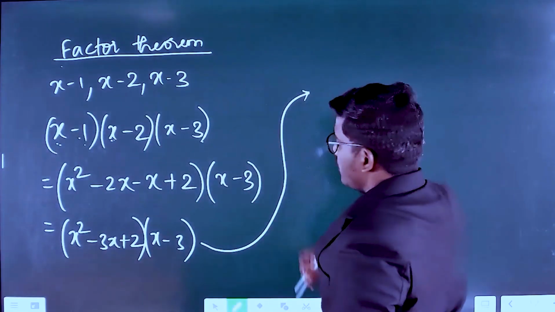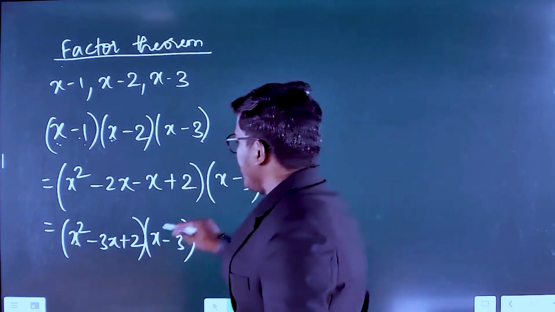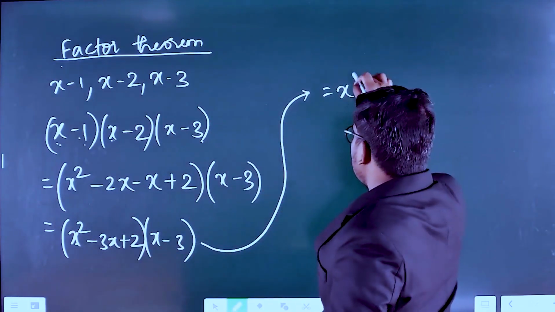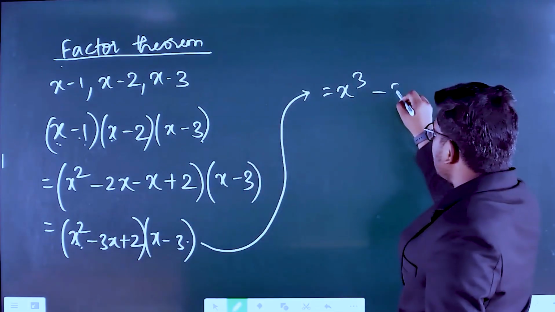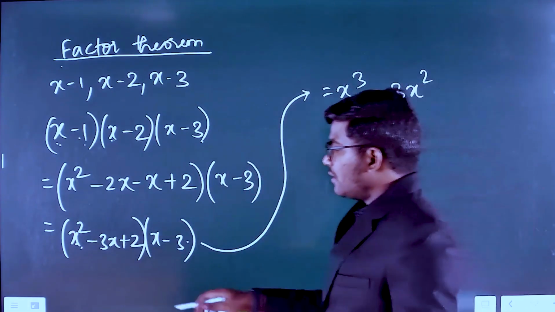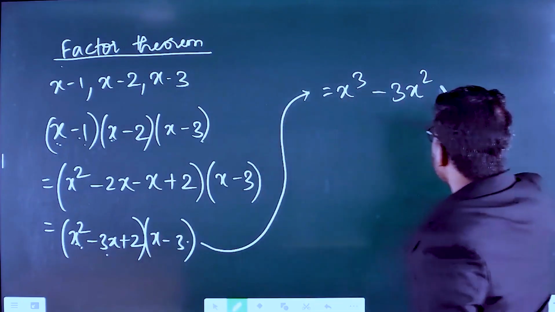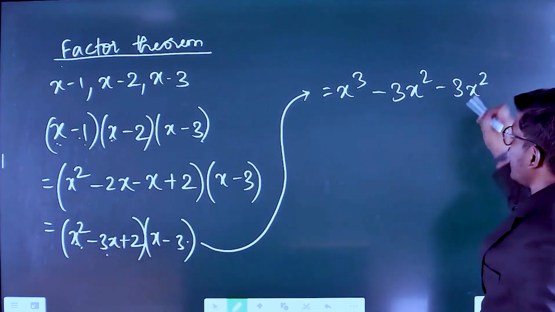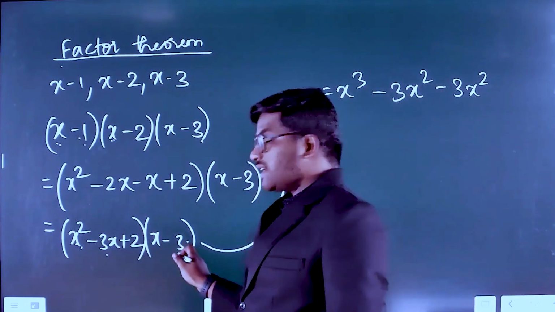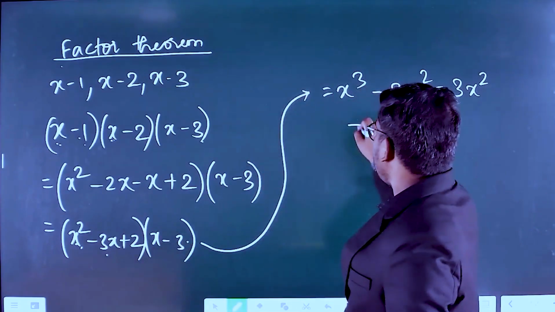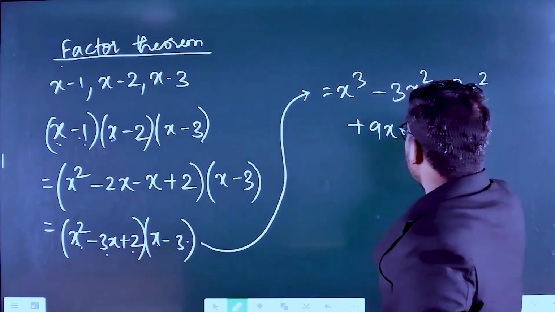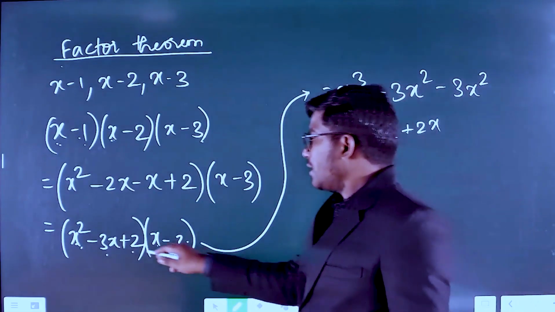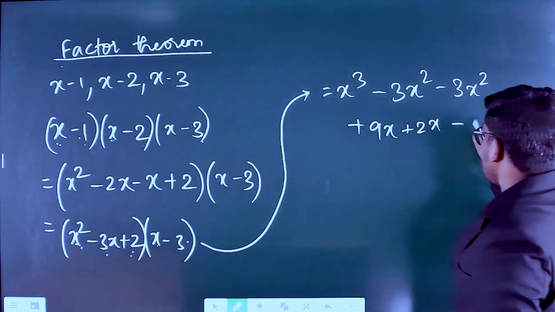Now, x square into x will be x cube, x square into minus 3 will be minus 3x square, minus 3x into x will again be minus 3x square. Minus 3x into minus 3 will be plus 9x. 2 into x will be plus 2x. 2 into minus 3 will be minus 6.